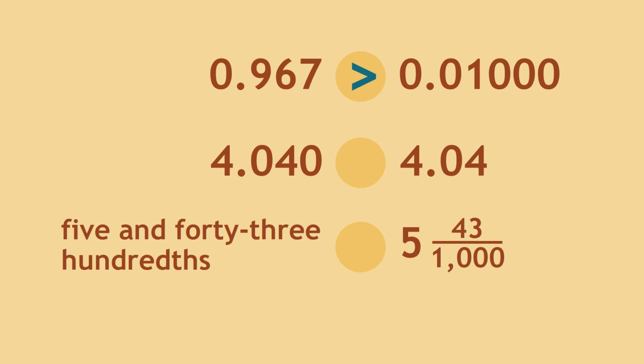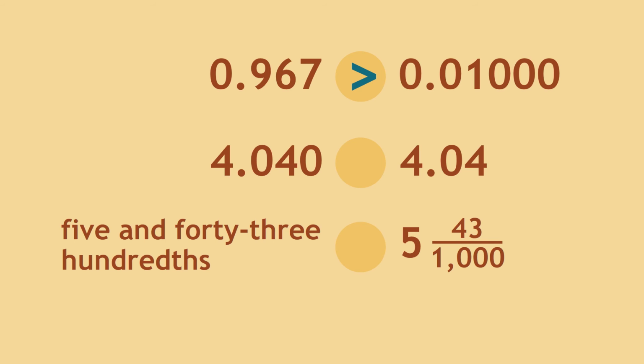Okay, let's go on to the next one. So we have 4 and 40 thousandths. It's greater than, less than, or equal to 4 and 4 hundredths. So let's compare. The 4 and the 4 are the same. We're going to keep going. In our tenths column, we have zeros. In our hundredths column, we have fours.